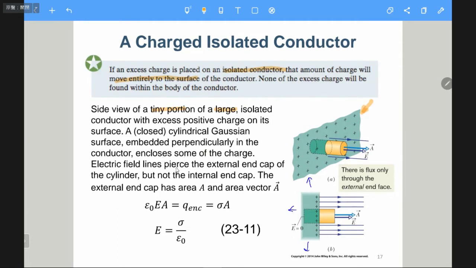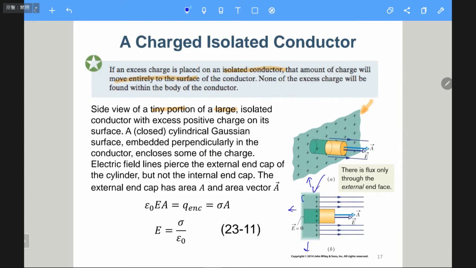Electric field lines pierce the external end cap of the cylinder, but not the entire end cap. The external end cap has area A and area vector A. If we apply Gauss law here, there is no E field inside the conductor because there is no charge inside the conductor body.